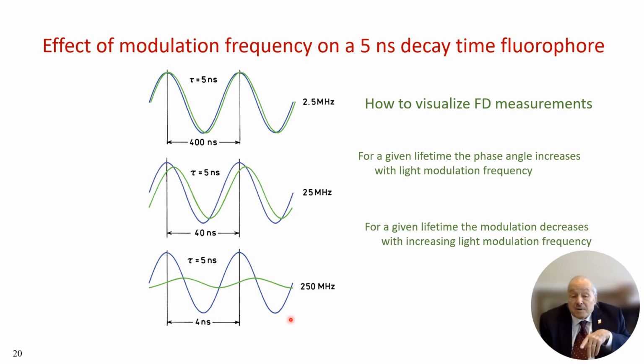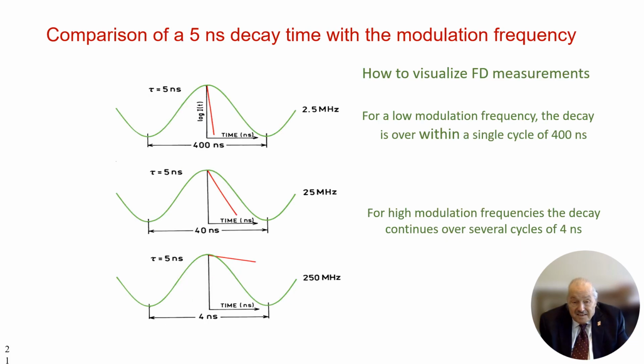As I said, we are going to do this on 2 slides. So here is another way of visualizing the frequency domain measurements. Again with a 5 nanosecond decay time, you can see the decay is over well within the cycle of a 2.5 megahertz signal. If it's a 25 megahertz signal, the decay contributes during one cycle and moves into the next.